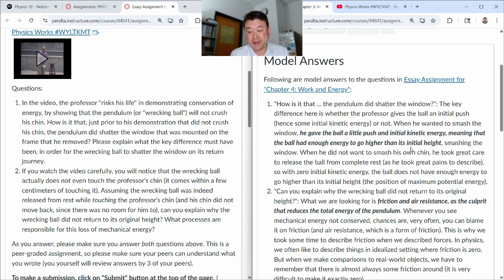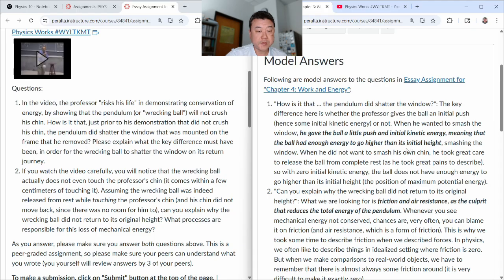When he did not want to smash his own chin, he took great care to release the ball from complete rest, as he took great pains to describe and dramatically enact. So with zero initial kinetic energy, the ball does not have enough energy to go higher than its initial height, the position of maximum potential energy.